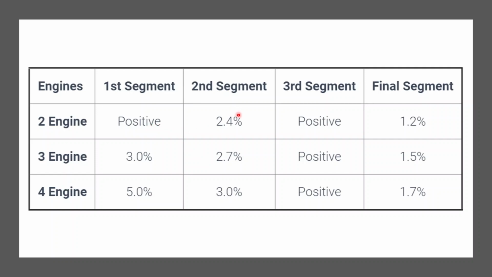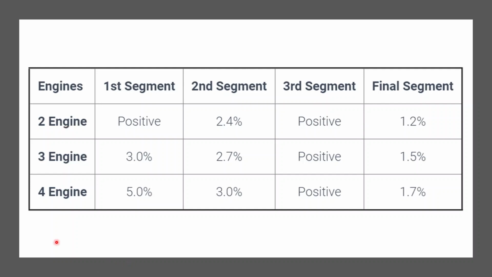The second segment you have to be at least 2.4%. Third segment, remember, this is the acceleration one. So we do not climb, we retract the flaps, we accelerate. So you have to be simply positive. That means do not climb, maintain your level, or make a gentle climb. So be slightly positive. And the final segment, 1.2.